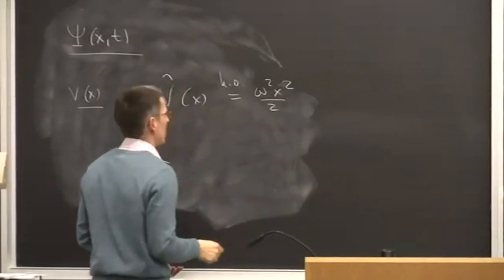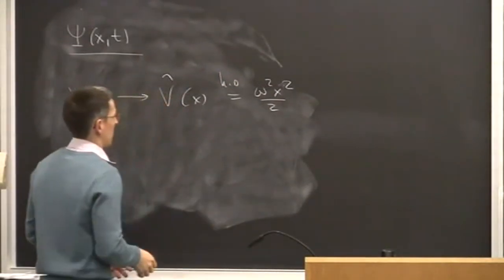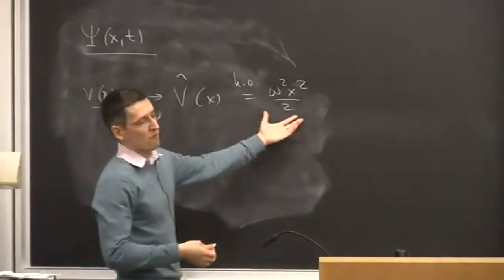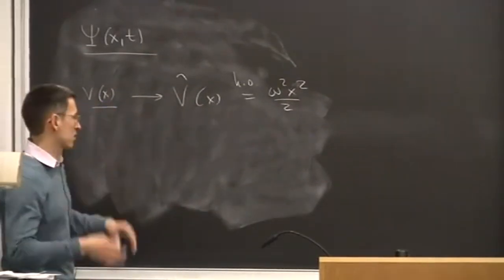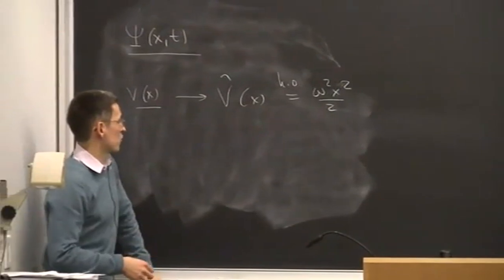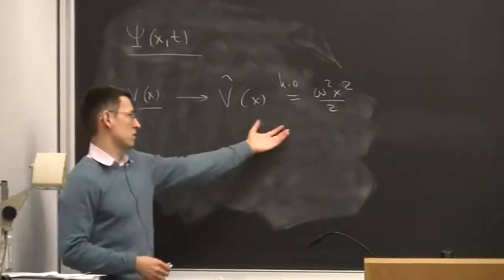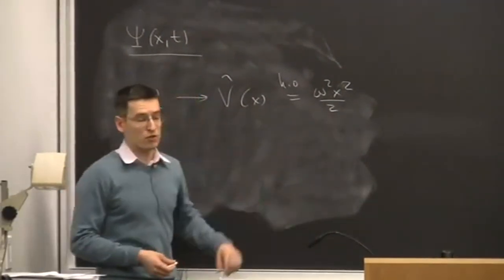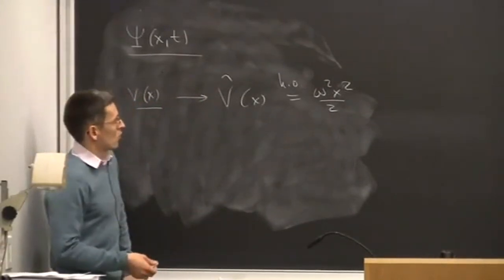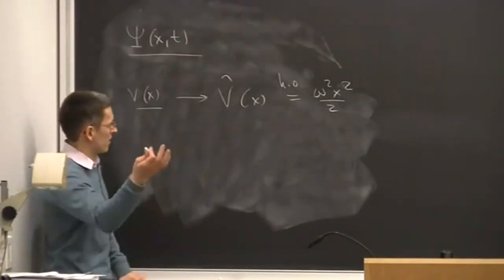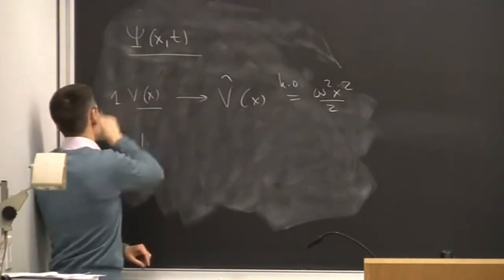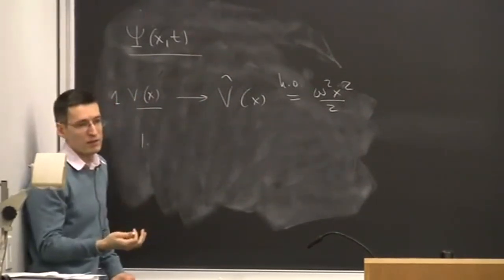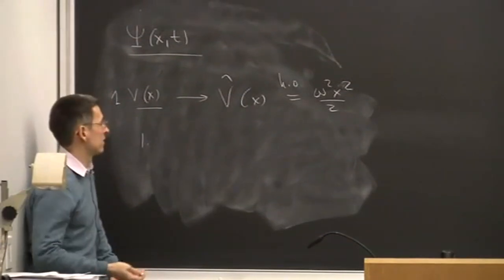We'll study it later. Right now it's just to have some function and not to scare you with abstract notation of some function of x, so here's the particular function. And so here's an operator, as was pointed out. This would be step number 1, to define what is an operator.